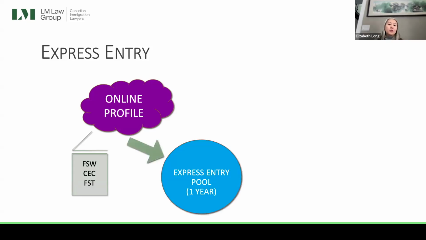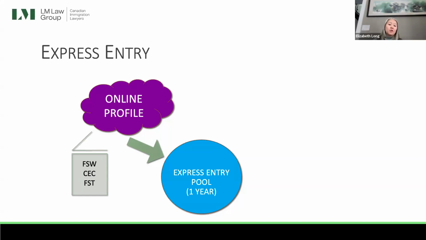Once you create a profile, you'll enter into the Express Entry pool. Just because you created a profile, does that mean that you applied for permanent residence? No, you have not applied for permanent residence. When you create a profile, you just indicate to the government that you may have qualified and you're interested.